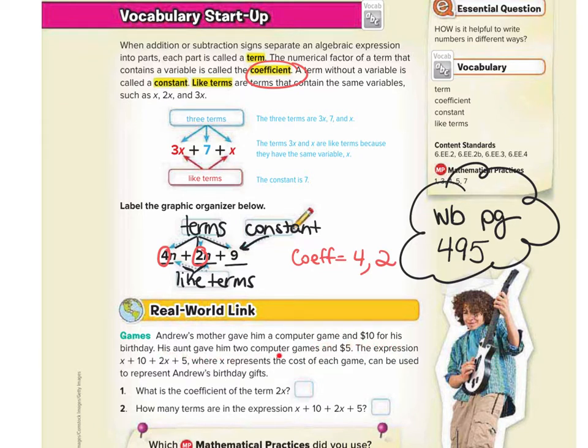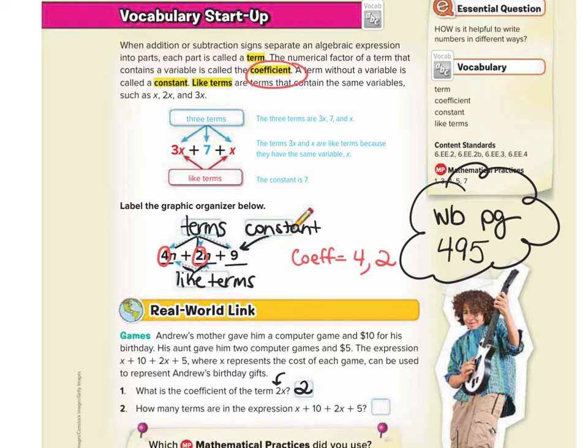His aunt gave him 2 computer games and $5. The expression x plus 10 plus 2x plus 5, where x represents the cost of each game, can be used to represent Andrew's birthday gifts. What is the coefficient of the term 2x? Again, the coefficient is the number in front of the variable, so the coefficient is just 2.